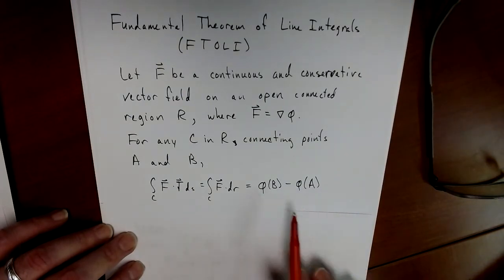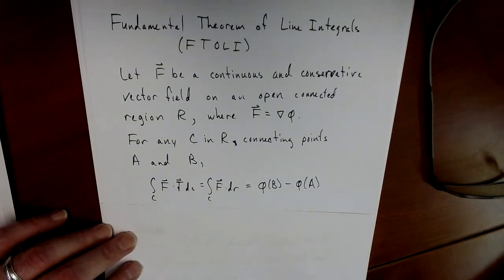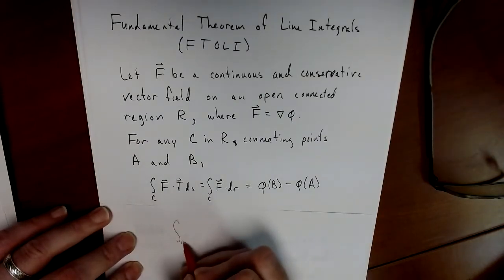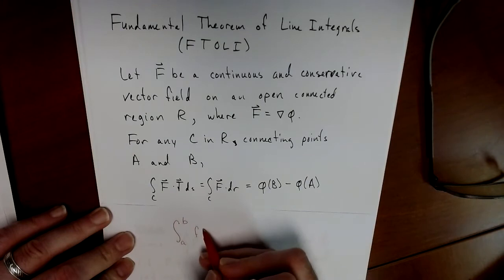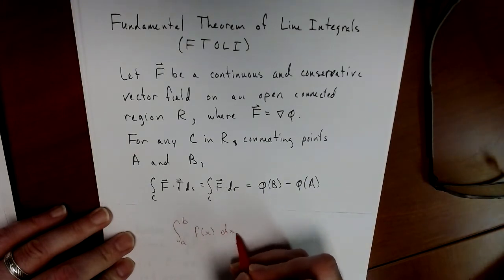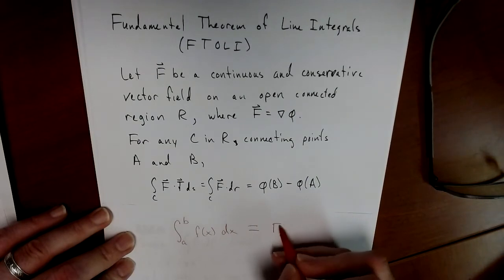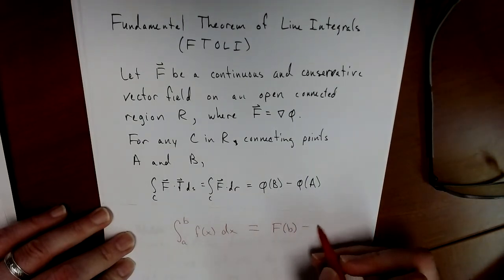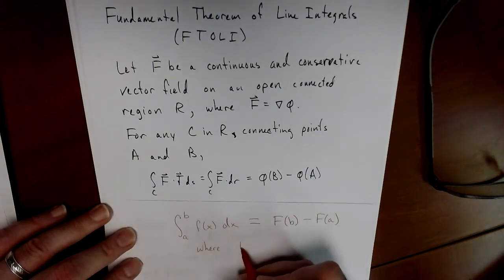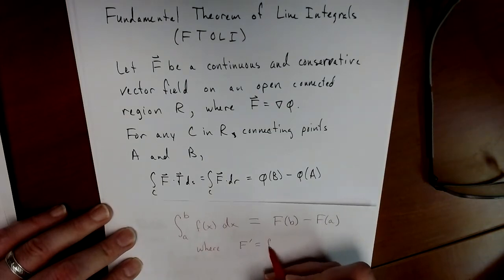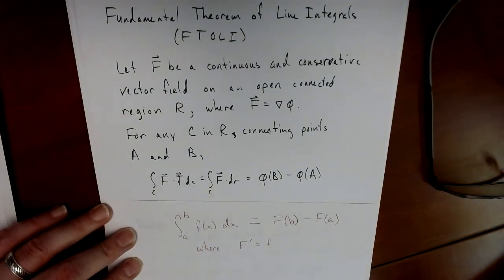And it kind of means that phi behaves like an antiderivative of f. If you want to think back to Calc 1, we had the fundamental theorem of calculus part 2, and so we had the definite integral of f of x dx from a to b was equal to cap F at b minus cap F at a, where F was any antiderivative of little f.